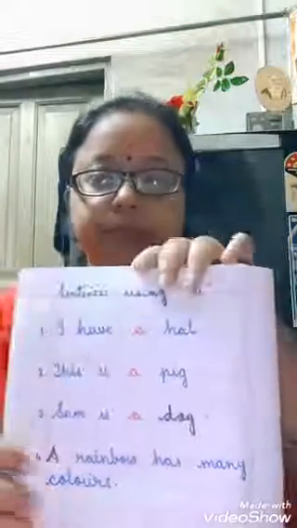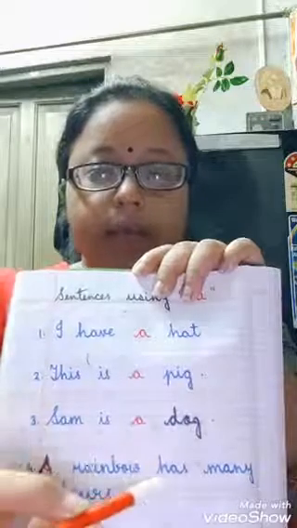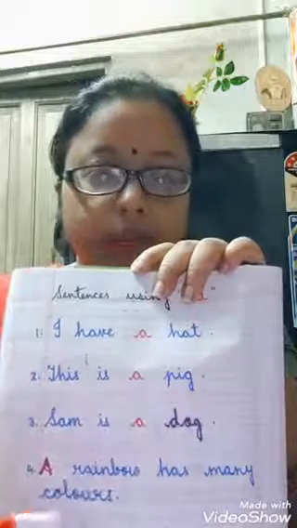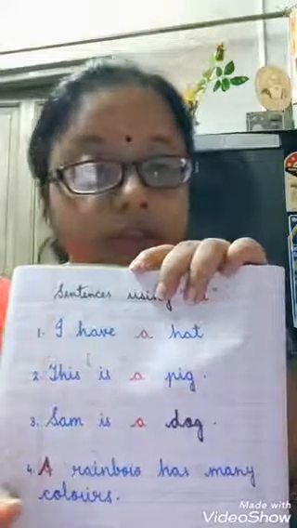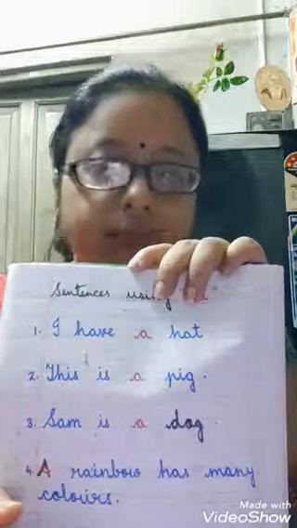Now the last picture. We have seen a rainbow in the picture. So let us make a sentence out of that. A rainbow has many colors. How many colors? There are 7 colors in a rainbow and I hope you all remember the names of those 7 colors.